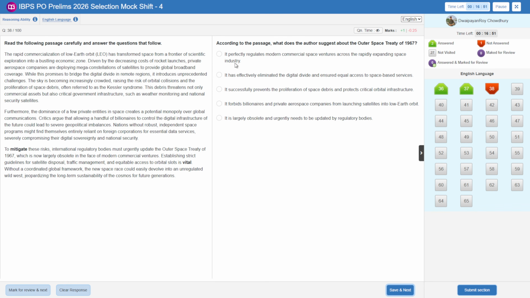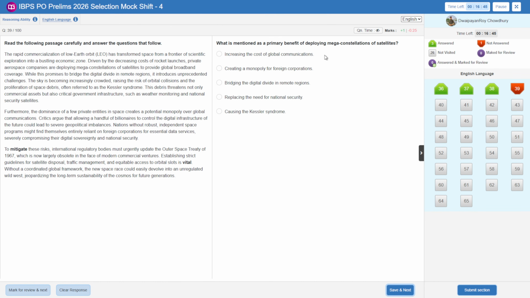Okay, it has even perfectly regulated corporate billionaires. It is largely obsolete and urgently needs to be updated. What is mentioned as the primary benefit of deploying mega constellations of satellites? Global broadband coverage.